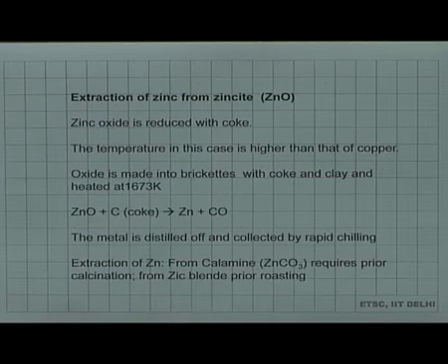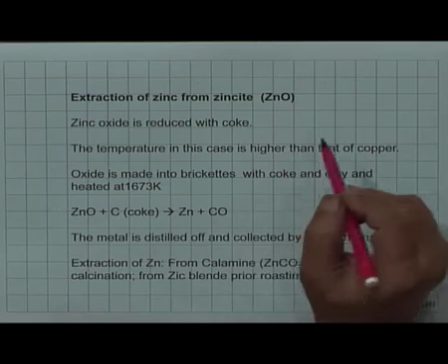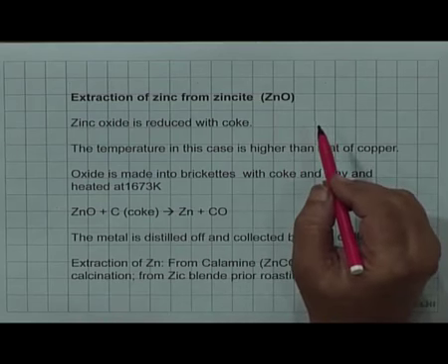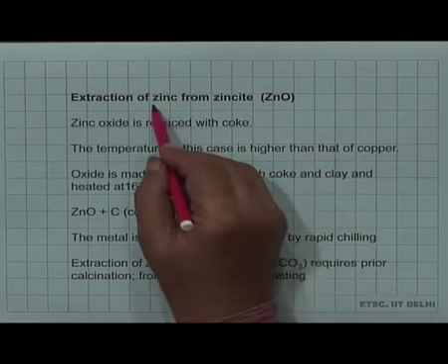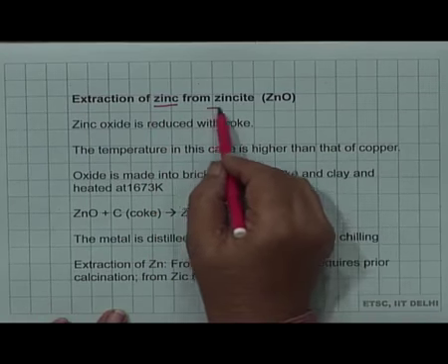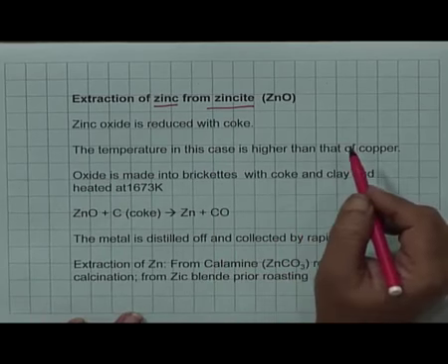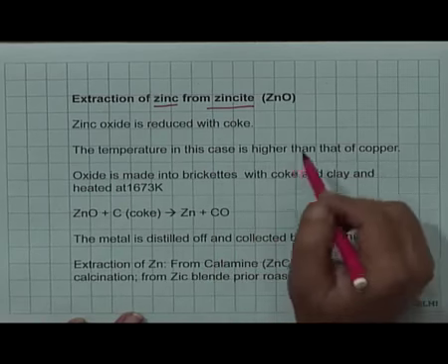Another example of extraction of a metal is that of zinc, and we will discuss its extraction from zincite, zinc oxide.